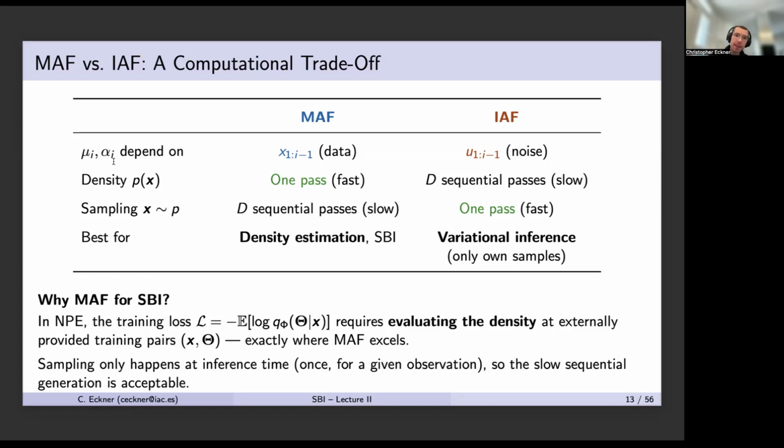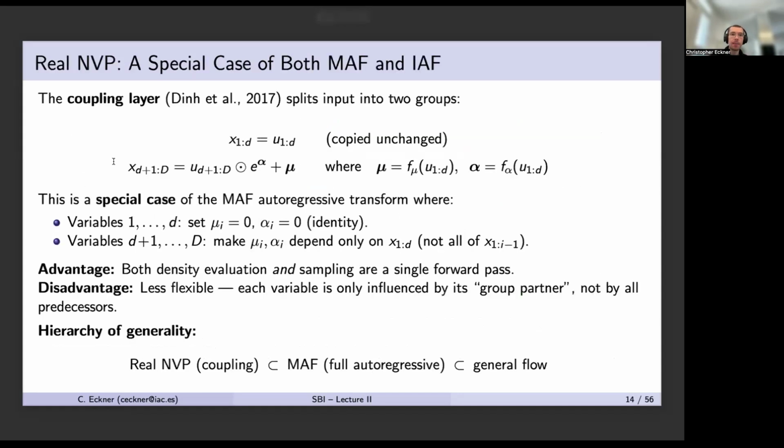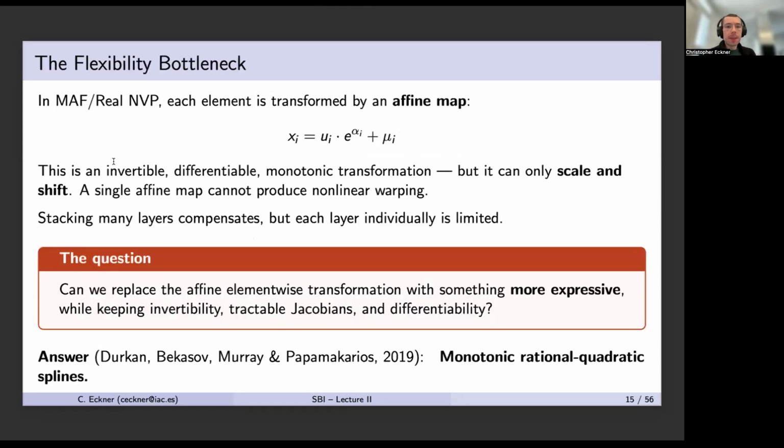What you could do instead is, do you need this coupling layer? Let's skip over this, it's too technical. Is the fact that we are forced here to an affine map. So intrinsically, this is, as I said, very linear. It stays invertible, differentiable, monotonic, as linear transformations are.